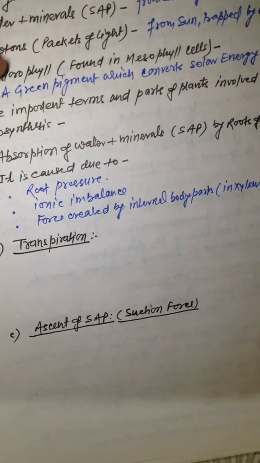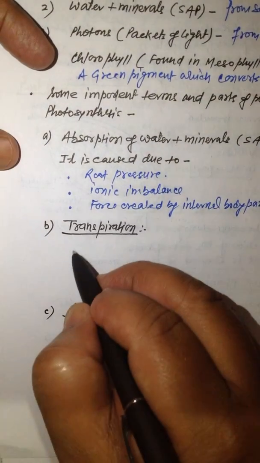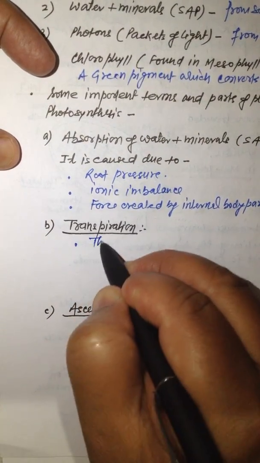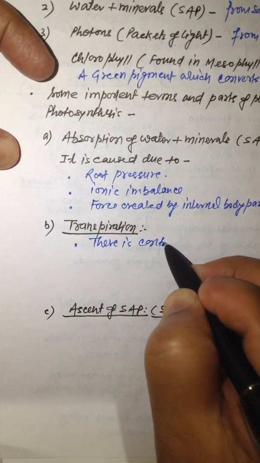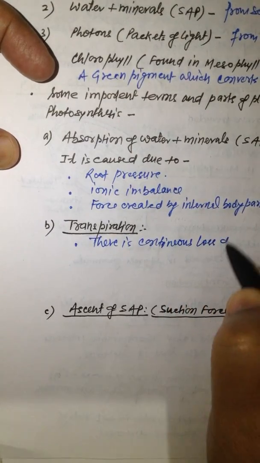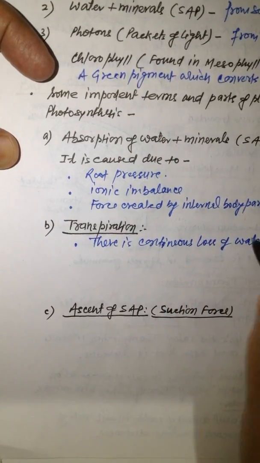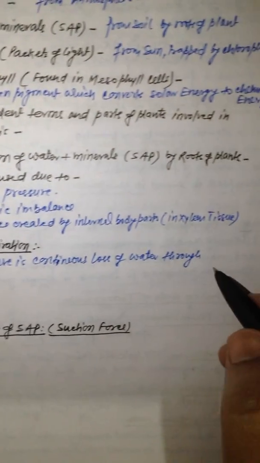What is transpiration? क्या होता है समझेंगे आप इस बात को. There is continuous loss of water through stomata.